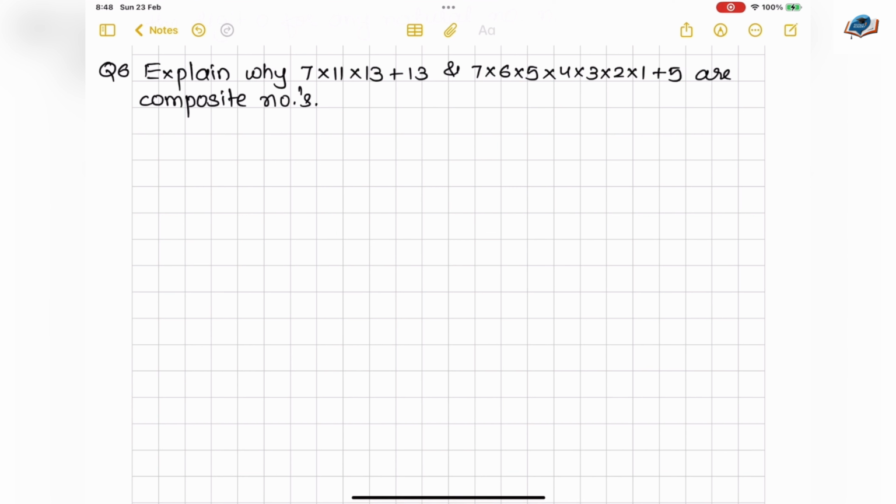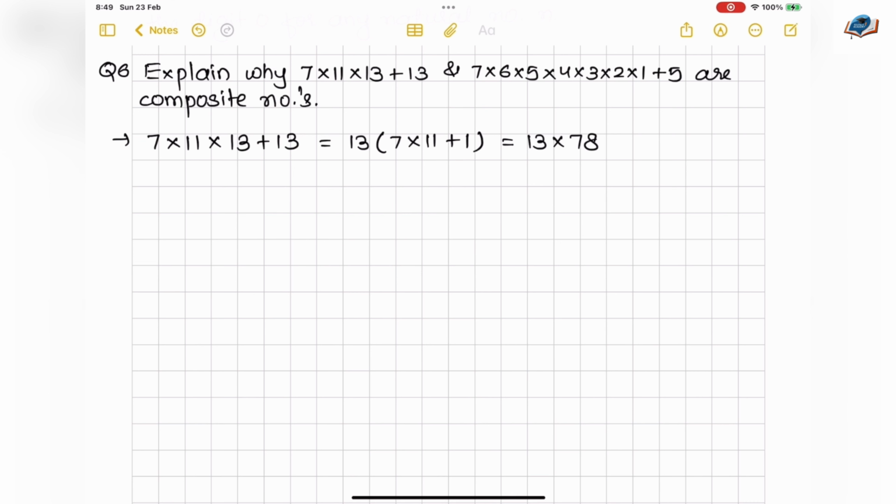Now next question says explain why 7 into 11 into 13 plus 13 and 7 into 6 into 5 into 4 into 3 into 2 into 1 plus 5 are composite number. See, now composite number means it should have more than two factors. So if I take 7 into 11 into 13 plus 13, and if from both I take 13 common, so it will be 13 into 7 into 11 plus 1, so that will be 13 into 78.